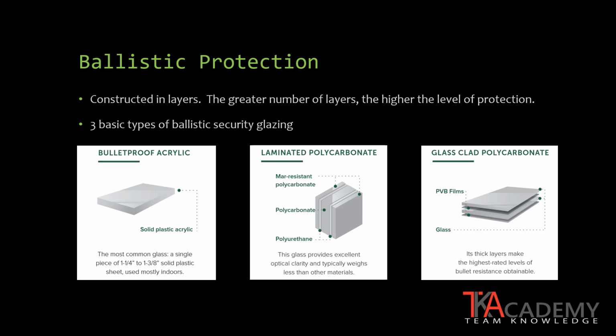The top performing is glass-clad polycarbonate, which is a system of layers of glass and PVB films. This provides the highest level of optical clarity and the highest level of bullet resistance. The effectiveness of any bullet-resistant material is dependent upon the overall thickness and the number of layers that are provided within each material composition.